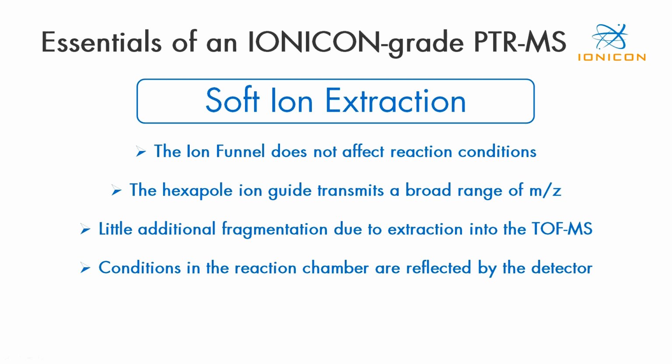Now let me summarize the second essential of IONICON-grade PTR-MS. Soft ion extraction is ensured by the ion funnel that does not affect the reaction conditions and energies, and the hexapole ion guide that transmits a broad range of mass over charge. Therefore, we only add a small degree of additional fragmentation due to the extraction into the TOF-MS, and we can reflect the conditions of the reaction chamber by the TOF-MS detector.